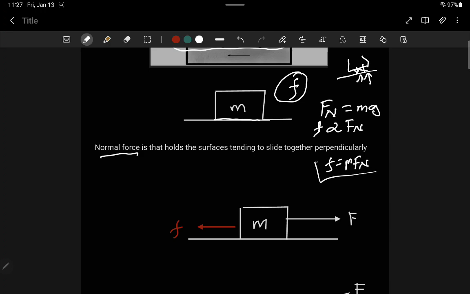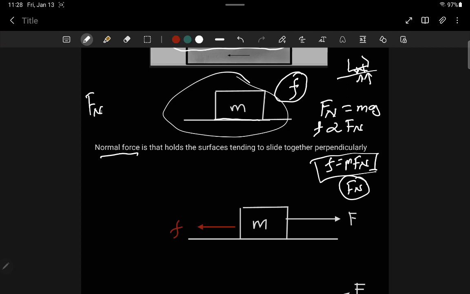This holds all the time, but the normal force depends on the way forces are acting on masses. In this case, the normal force is equal to the weight, mass times gravity. Then the frictional force is the coefficient of friction times the normal force.